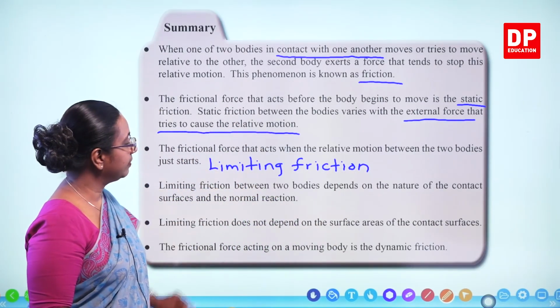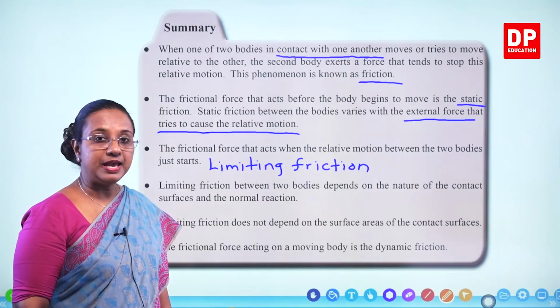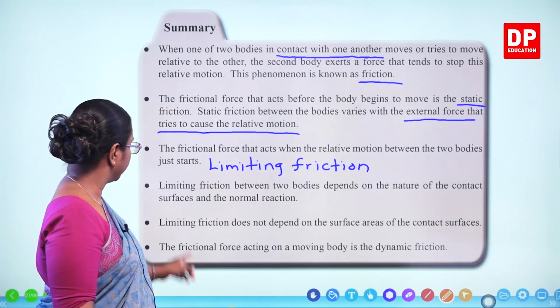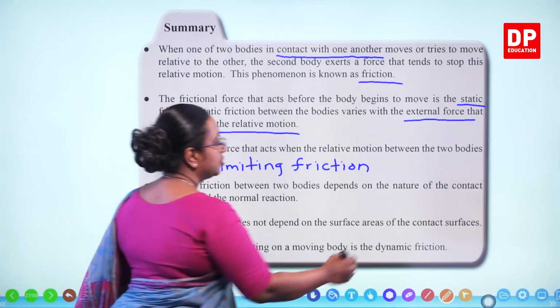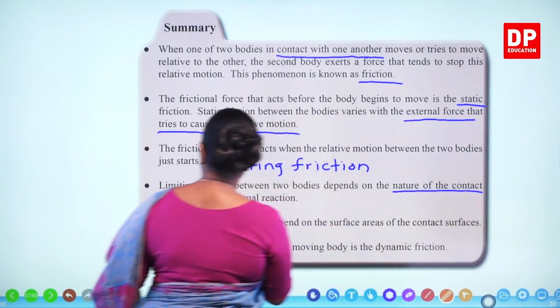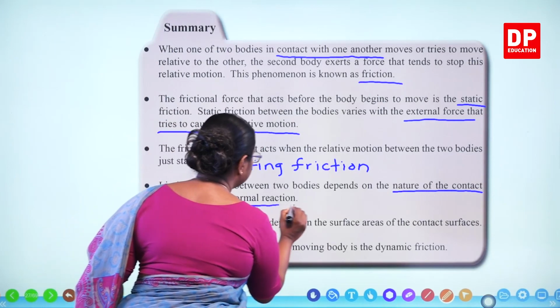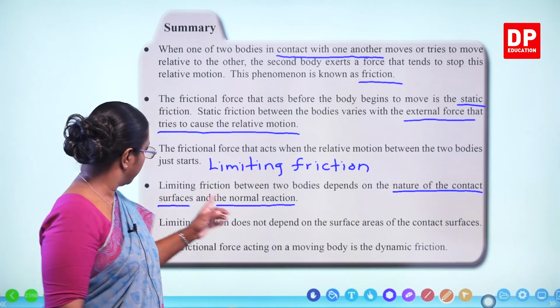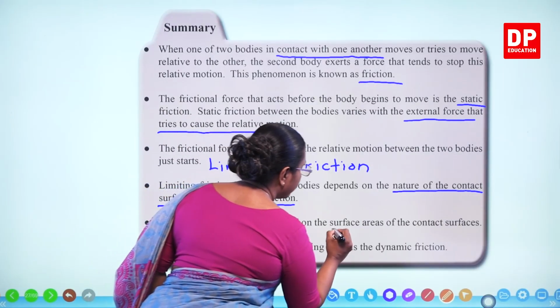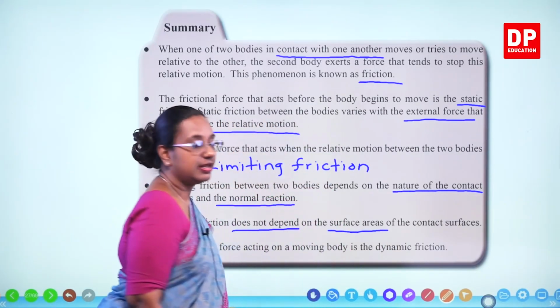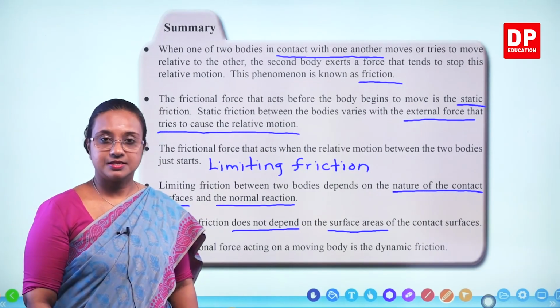Limiting friction between two bodies depends on the nature of the contact surfaces and the normal reaction. So, these are the two factors that affect the limiting frictional force. Limiting friction does not depend on the surface area of the contact surface.